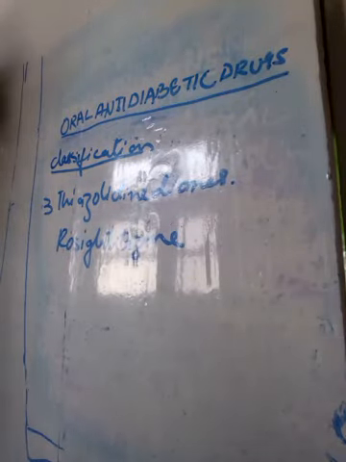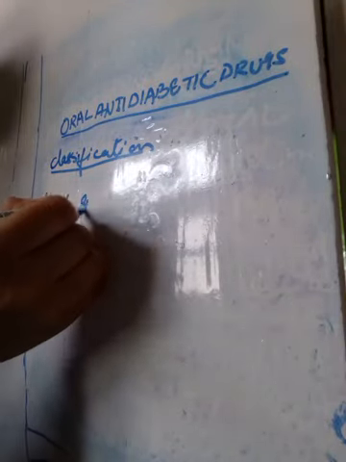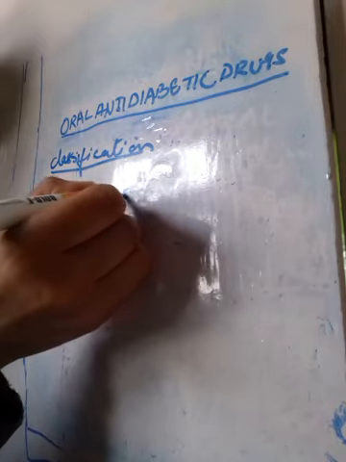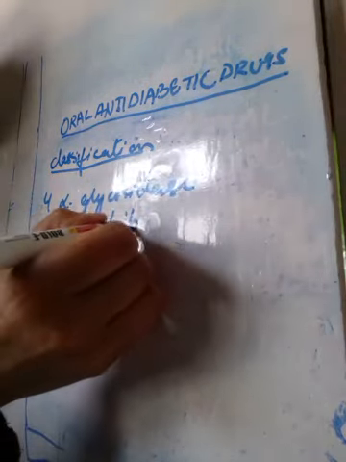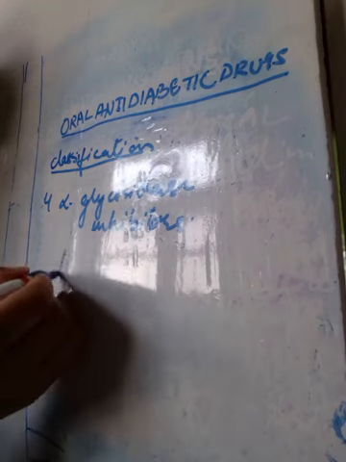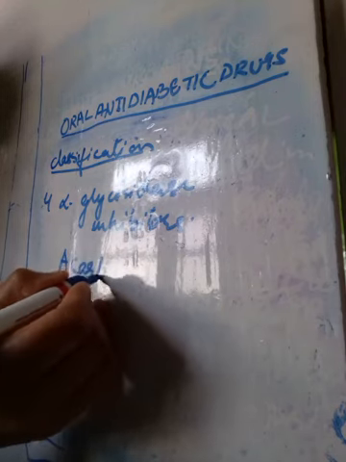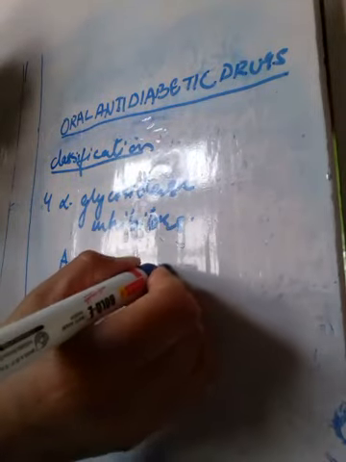Next we have alpha glucosidase inhibitors, in which we have acarbose and miglitol.